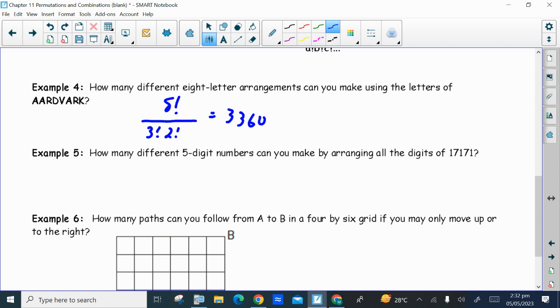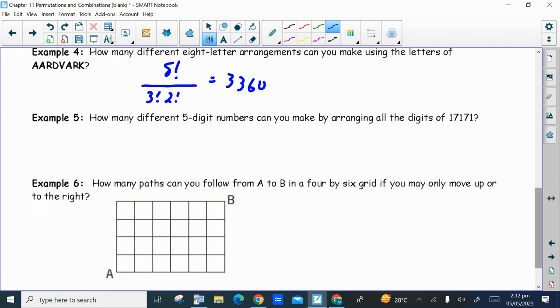Again, repetition, when you switch the A's around, it doesn't look different. It's the same arrangement. So we have to compensate for that. How many different 5-digit numbers can be made by arranging all the digits of 17171? So again, there are 5 things that are being arranged, but there's repetition.